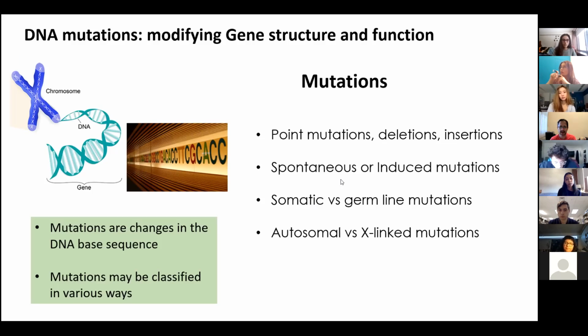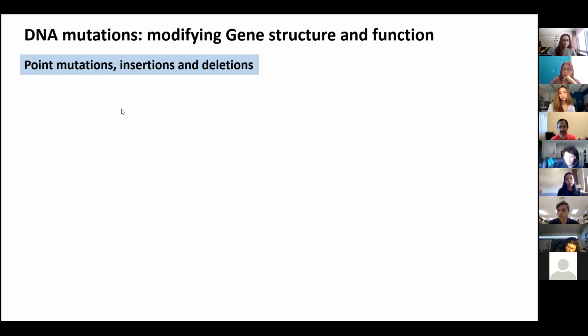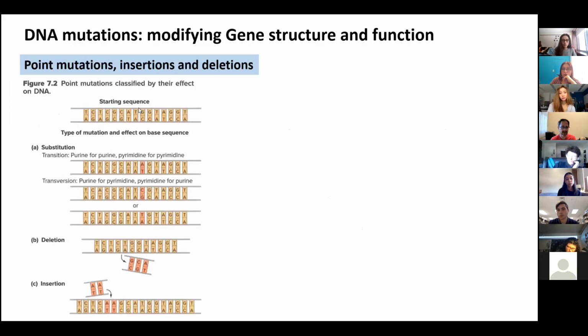Point mutations, insertions, and deletions: on Monday we were looking at this picture where this particular position, the GC pair, is changed by an AT pair. This is a point mutation because there's only substitution of one position of the DNA sequence. These point mutations can be classified as transitions or transversions, depending on the type of nucleotide that is changed.